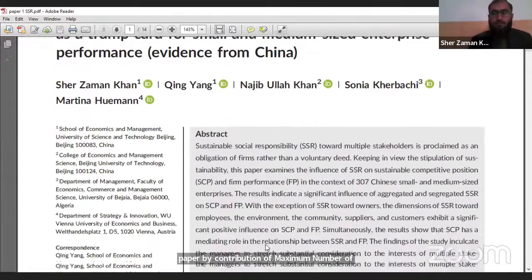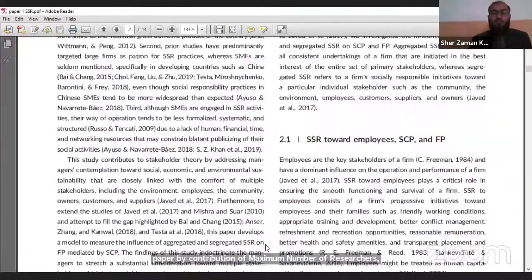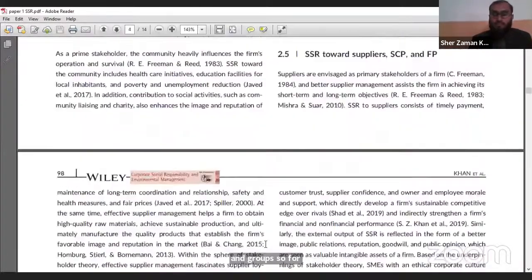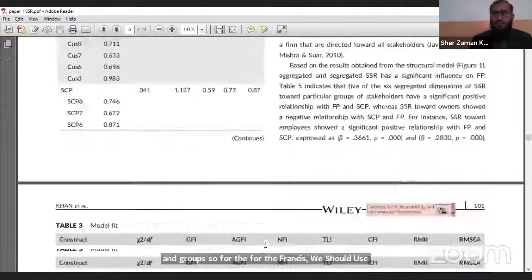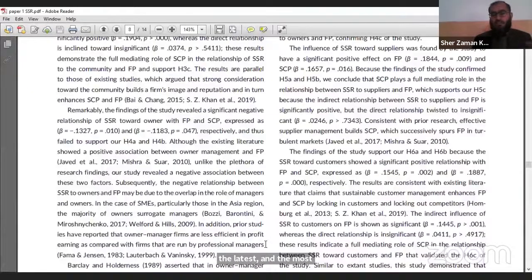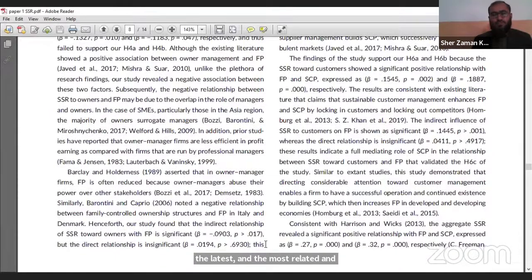So for references, we should use the latest, most related and closely connected references. We shouldn't put the maximum number of references. We shouldn't cite research which is not directly related to my findings, which has no objection to or favorable comments on the previous relationships.